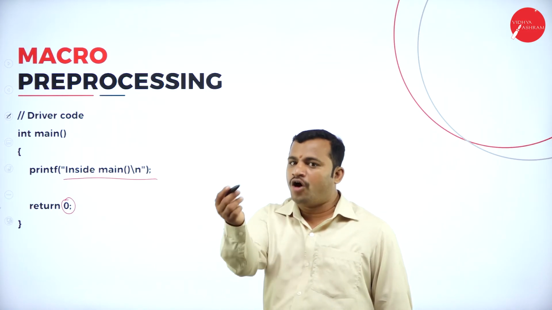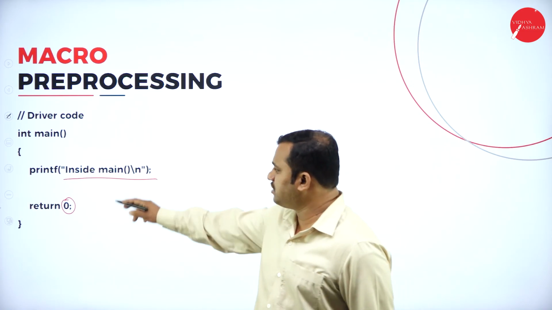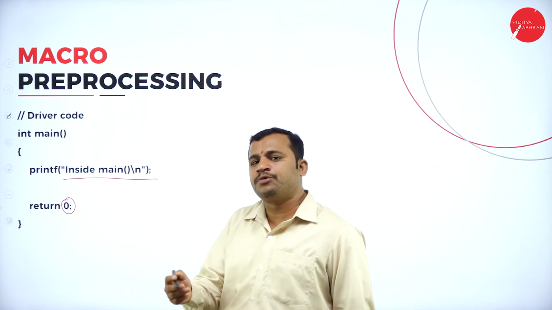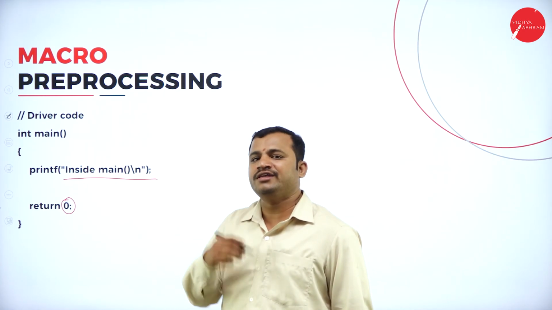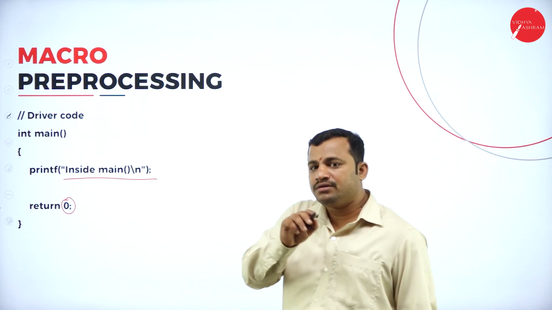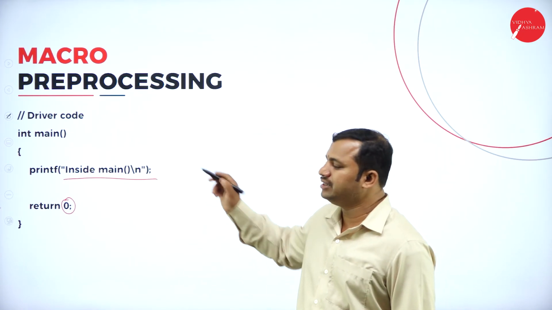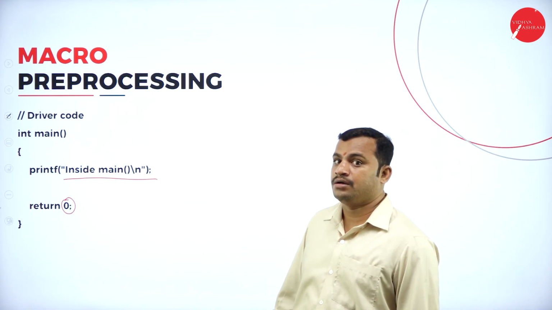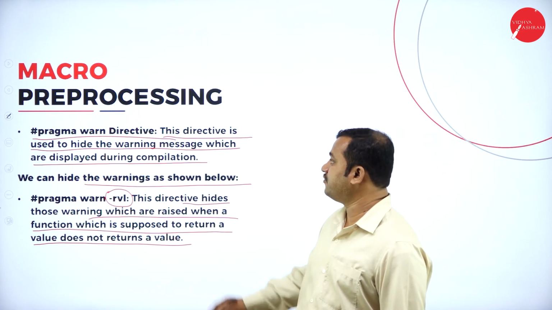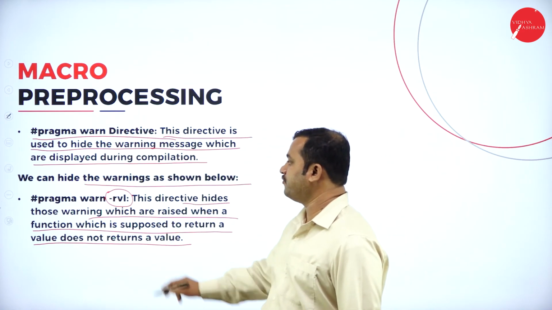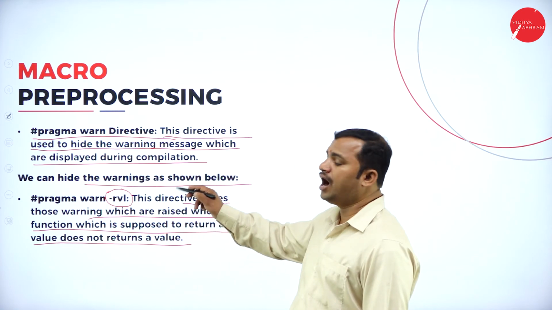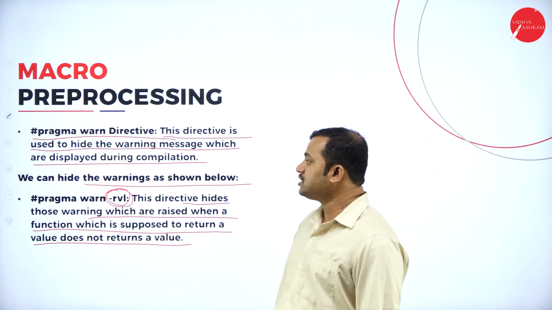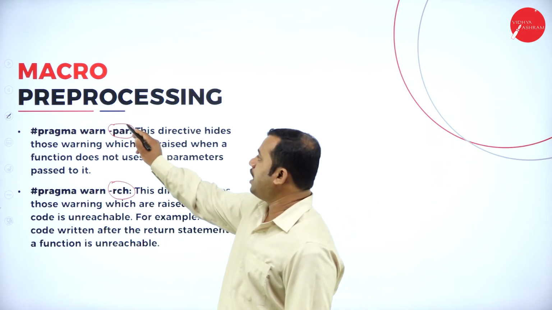I just want to warn the system that this is the mistake committed by the programmer, so that the programmer can check, verify and clear the mistake at the point of the return statement, using the Pragma warn directive. Pragma warn directive with this option -rvl, return value RVL. Similarly, RCH we have, and then -par.